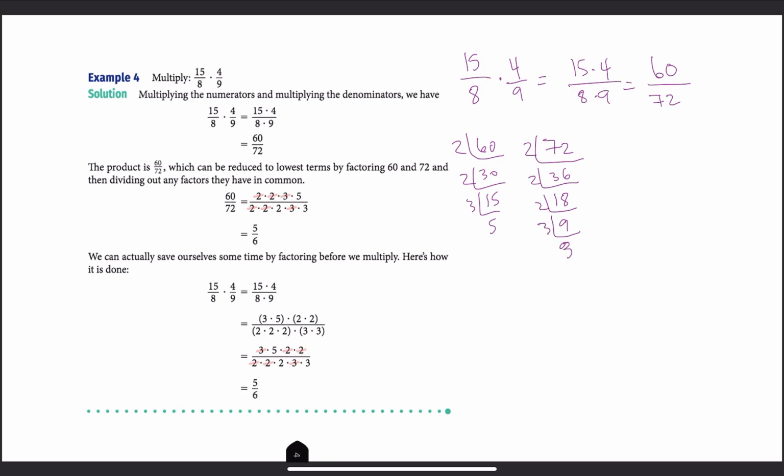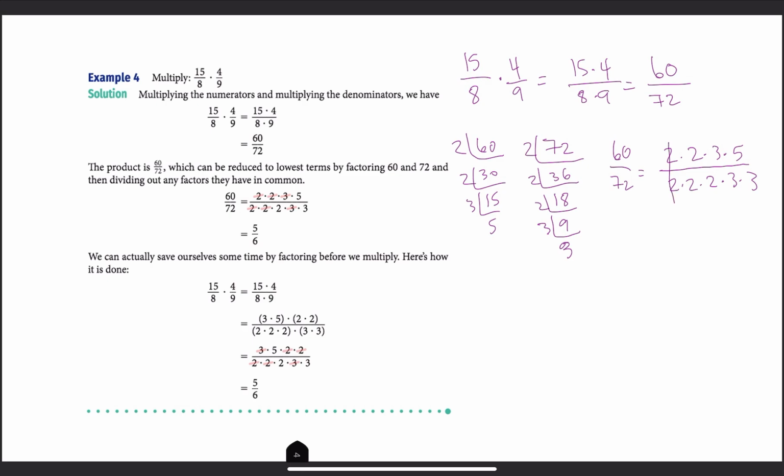So then the prime factored version of 60 over 72 is 2 times 2 times 3 times 5 over 2 times 2 times 2 times 3 times 3. And now I'll reduce any common factors, top and bottom.